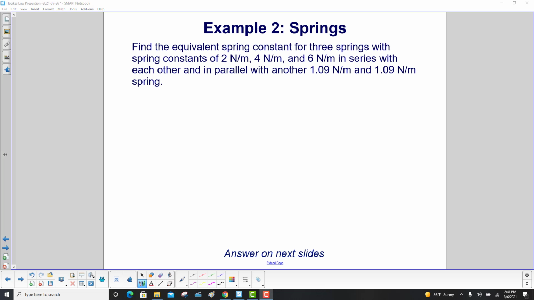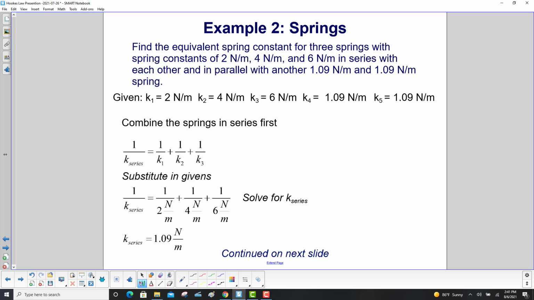Find the equivalent spring constant for 3 springs with spring constants of 2 newtons per meter, 4 newtons per meter, and 6 newtons per meter in series with each other, and then in parallel with another 1.09 newton per meter and 1.09 newton per meter spring. We will first combine the first 3 springs because they're in series together.